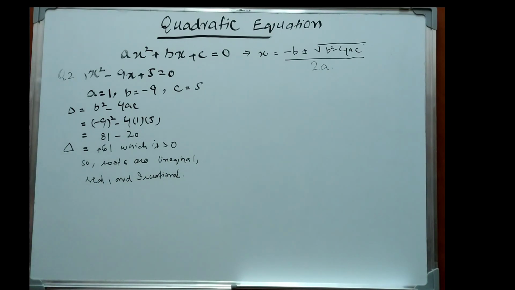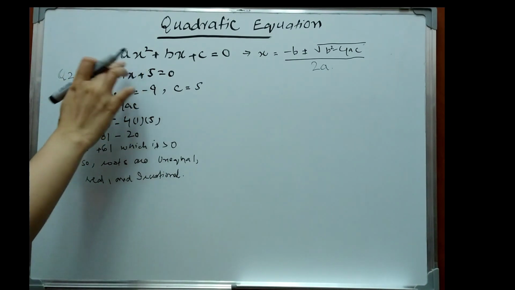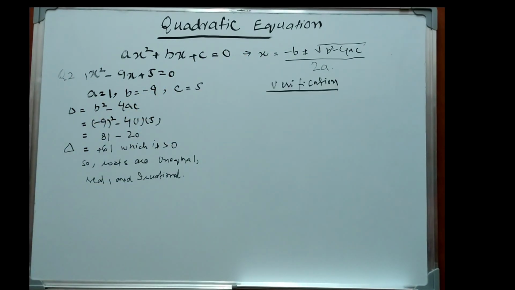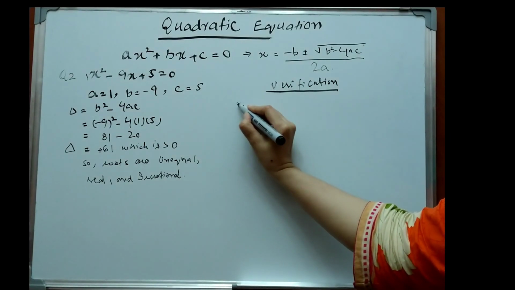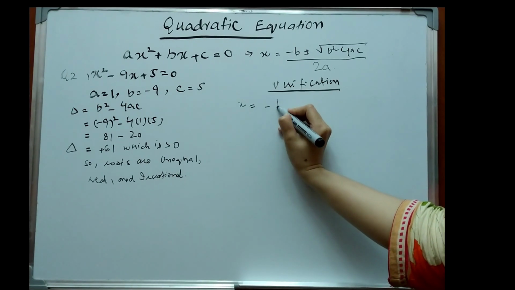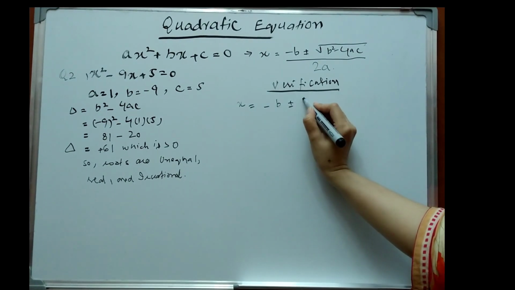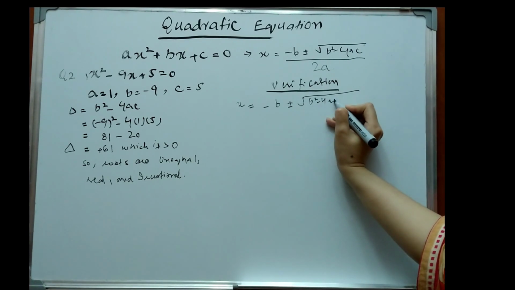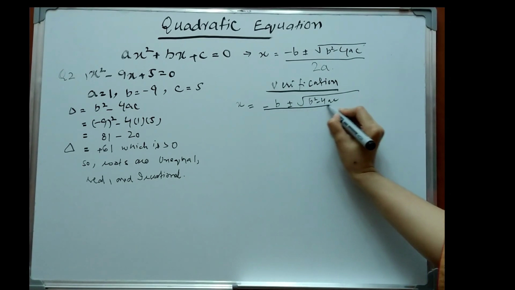So we have to verify this by putting the values of a, b, c in the quadratic formula. x equals minus b plus minus root of b square minus 4ac upon 2a.